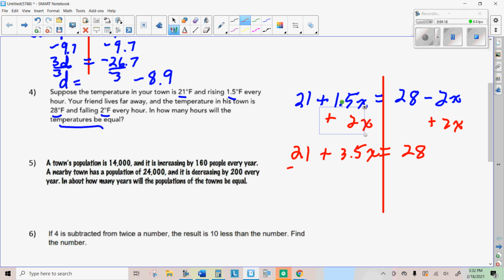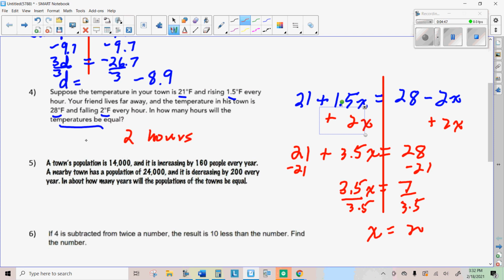Now I'm going to subtract 21. I'm trying to get it down to just x on this side. So that's 3.5x equals 7. Now I'm going to divide by 3.5 to get 1x. And that equals 7 divided by 3.5 is 2. All right? So the answer here is 2 hours.